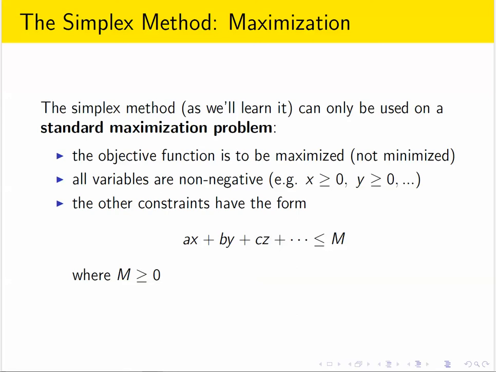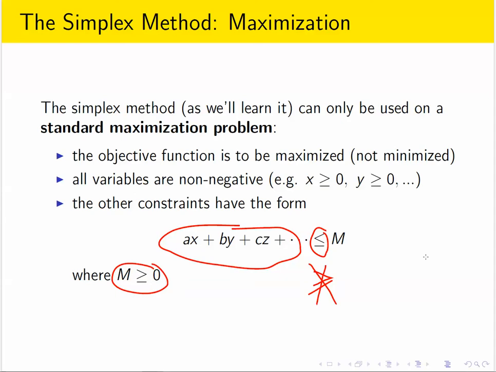But when we express the constraints, we have to be able to write the combination of those variables as less than or equal to. It's important: this cannot be greater than or equal to. That's not allowed. And the right side here has to be a number that's not negative.